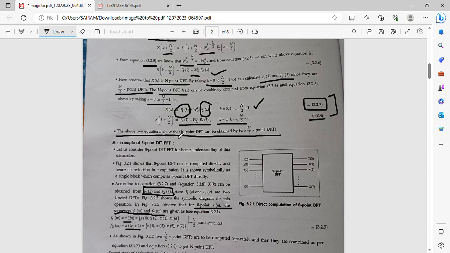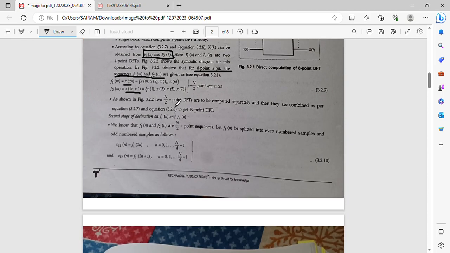Next, we are trying to substitute the values of n. Here you will get x of 0, x of 2, x of 4, x of 6, and then x of 1, x of 3, x of 5 and x of 7, by substituting the value of n. If you substitute n equal to 0 in x of 2n, 2 into 0 is 0.